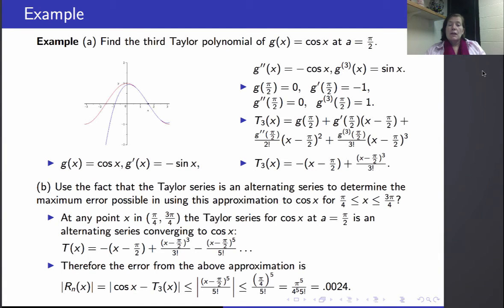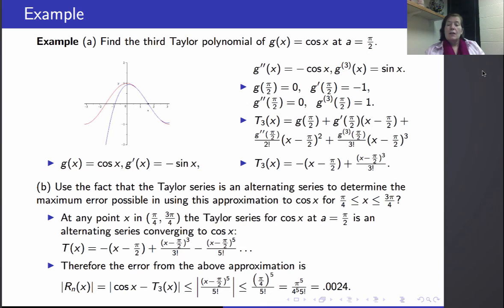So for any given x, the distance between cosine of x and the third degree Taylor approximation must be less than or equal to the absolute value of x minus pi over 2 to the 5 over 5 factorial. And because x is in the interval from pi over 4 to 3 pi over 4, the absolute value of x minus pi over 2 is less than or equal to pi over 4.